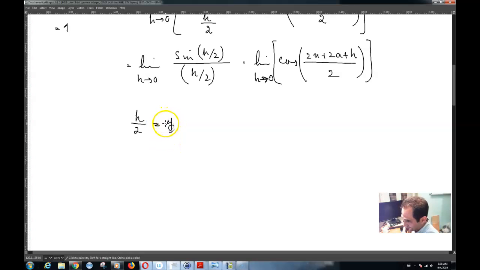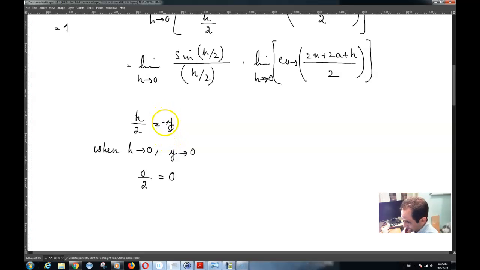When h tends to 0, the value of y is going to be very, very close to 0 divided by 2, which is equal to 0. So y tends to 0, right?